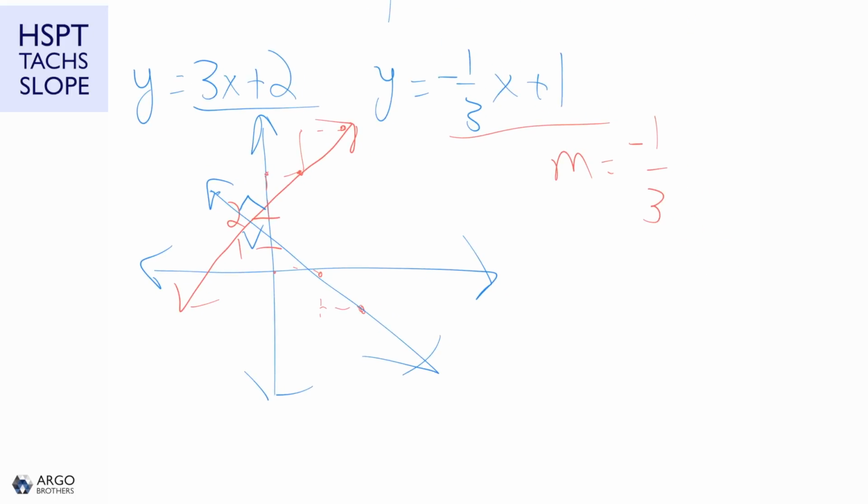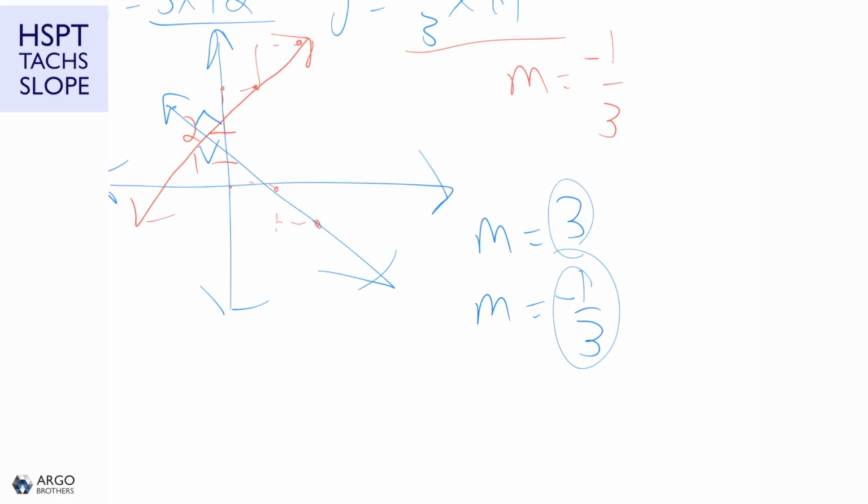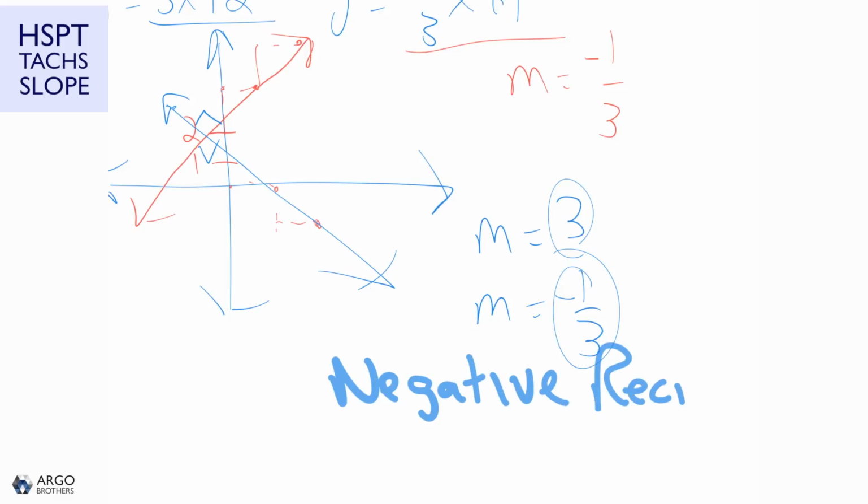Well, the first slope is m equals 3. The second slope is m equals negative 1/3. What's the relationship between these two? One is 3, one is negative 1/3. Well, it turns out that they're negatives of each other, but not only that, they're negative reciprocals of each other.